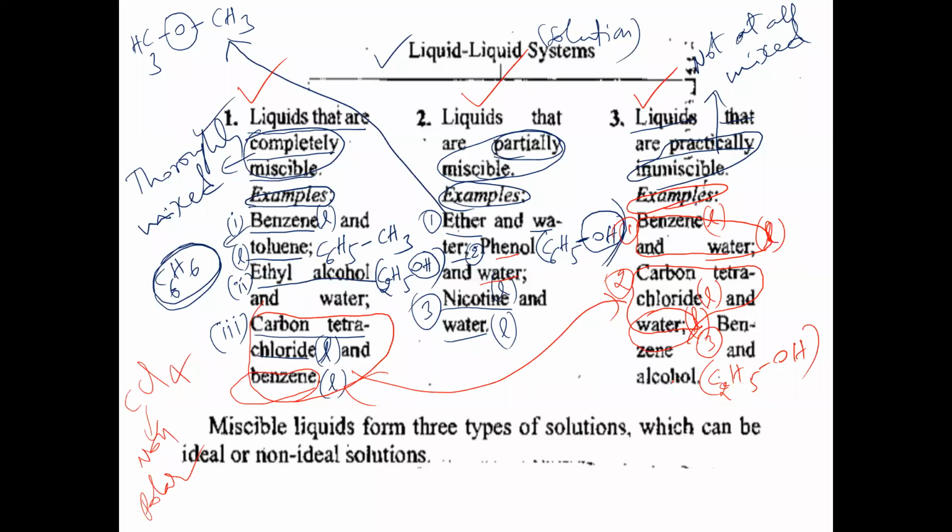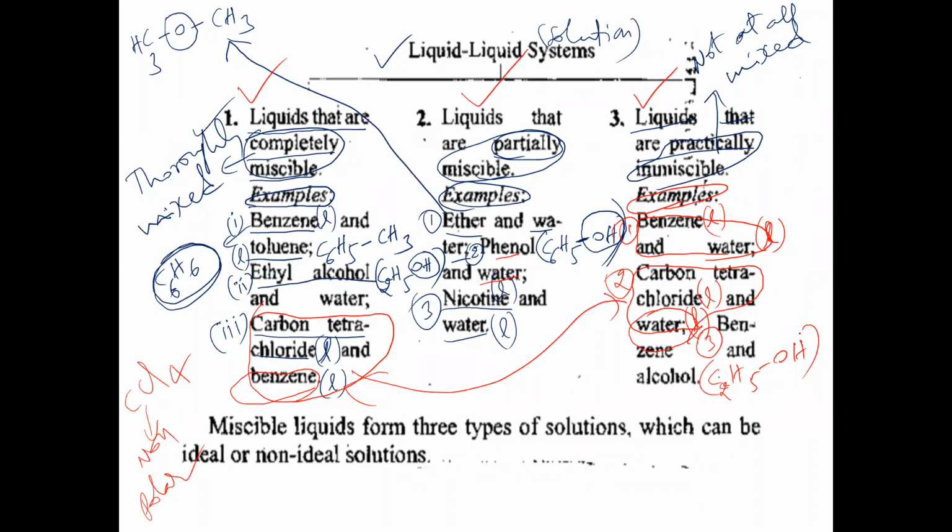Alcohol and water are miscible liquids. They are thoroughly mixed with each other. But benzene and ethyl alcohol are immiscible. Benzene and water are also immiscible. Benzene and water immiscible, and benzene and ethyl alcohol immiscible.